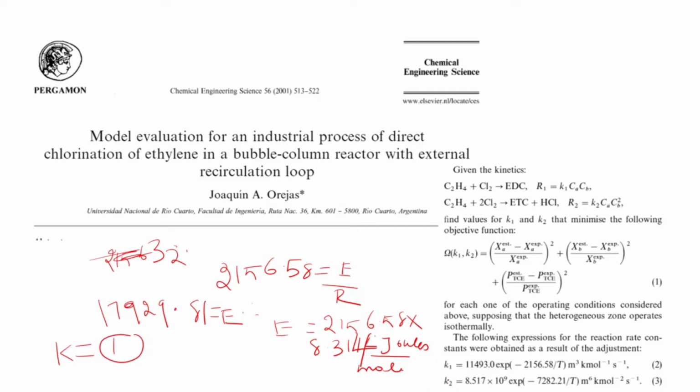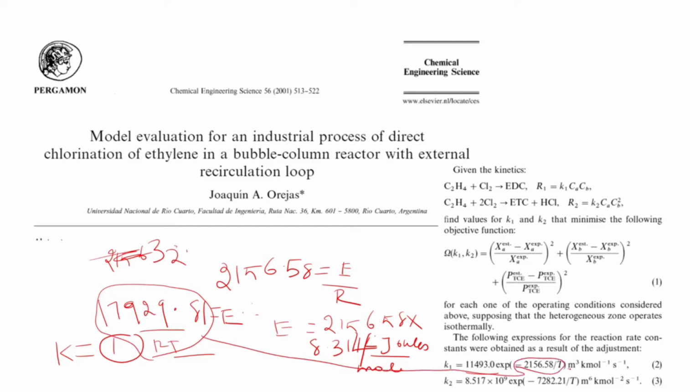This value, exponential of minus 17929.81 divided by RT. So that value will go here, replace here.